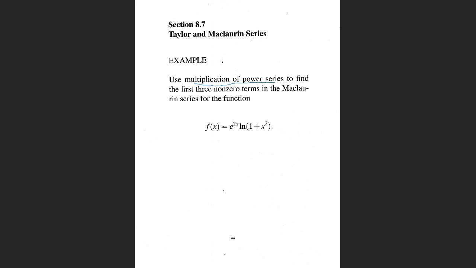Okay, so we have here a function that consists of the product of e to the 2x and the log of 1 plus x squared. We want to find the first 3 non-zero terms in the Maclaurin series for that function.